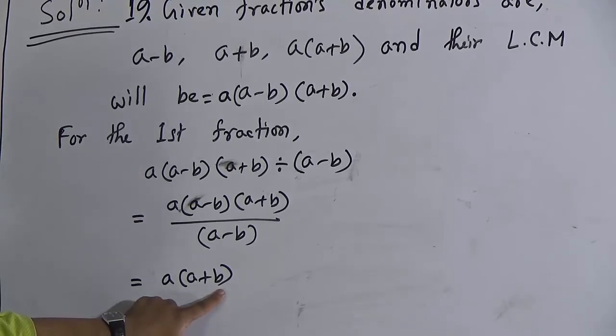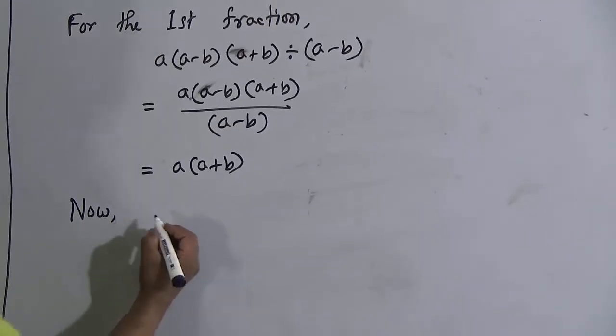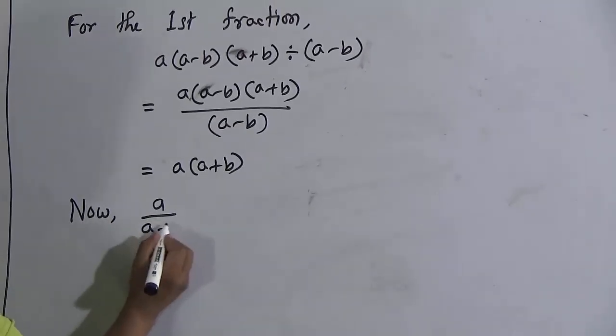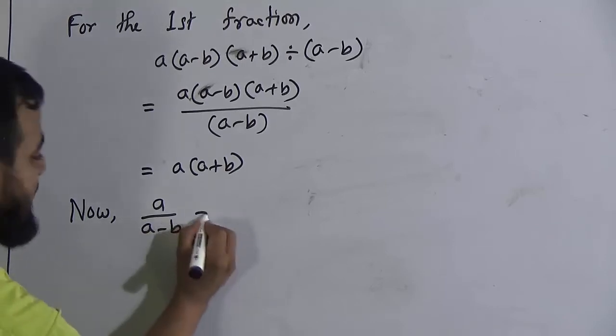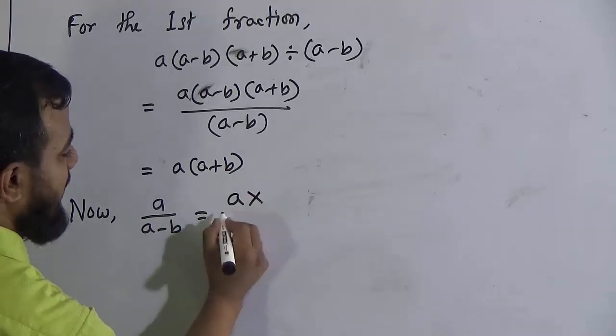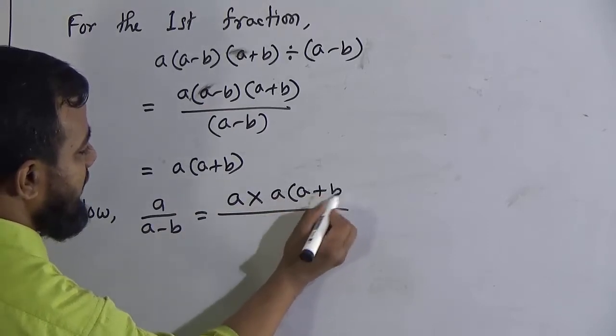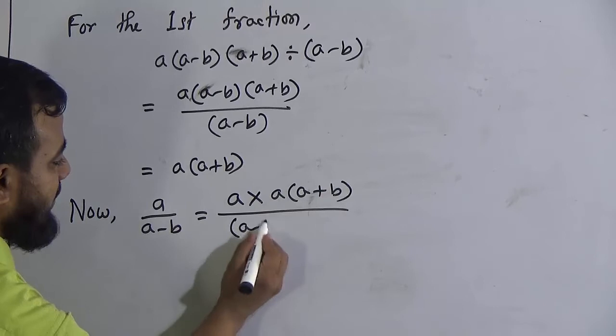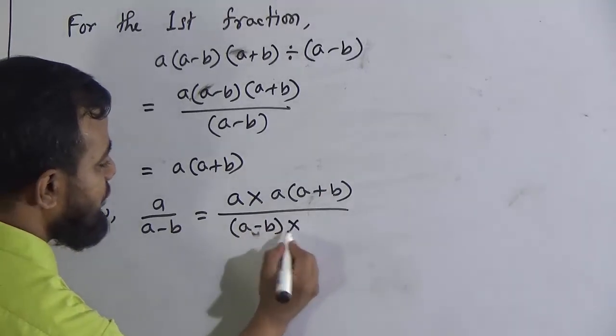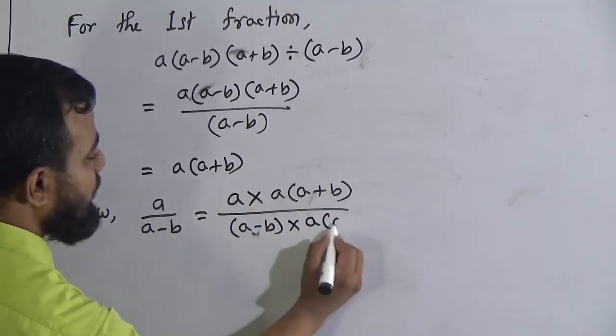So when we divide the LCM by the first fraction's denominator, we get a into a plus b. Now with the first expression we need to multiply a into a plus b in the numerator and the denominator. The first fraction was a divided by a minus b. So a divided by a minus b equals a multiplied by this result, a into a plus b, divided by a minus b into a into a plus b.